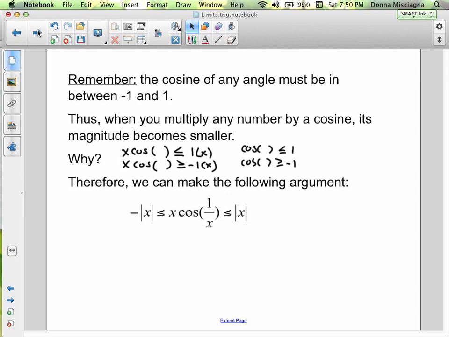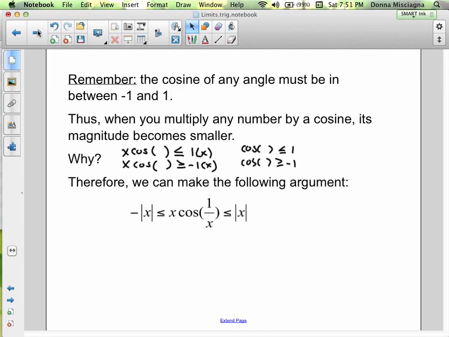So x times cosine blob, since cosine blob has to be less than or equal to 1, and greater than or equal to negative 1, x times cosine blob has to be less than or equal to 1x, and x times cosine blob has to be greater than or equal to negative x, right?